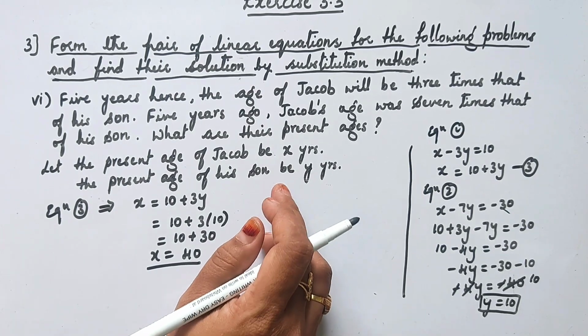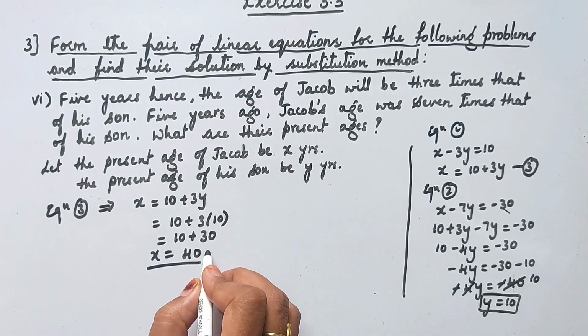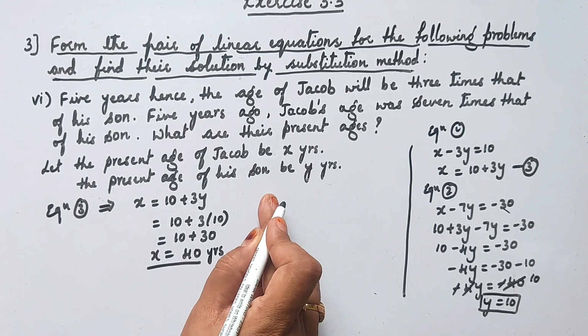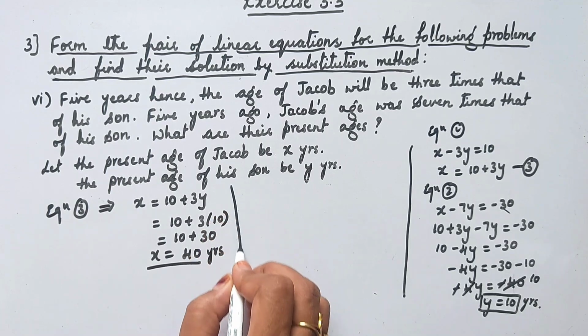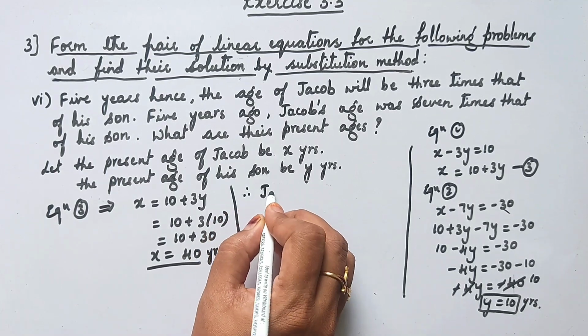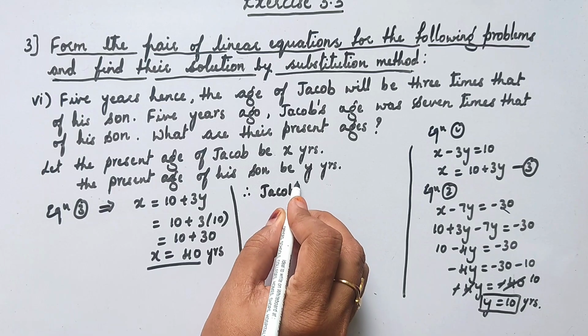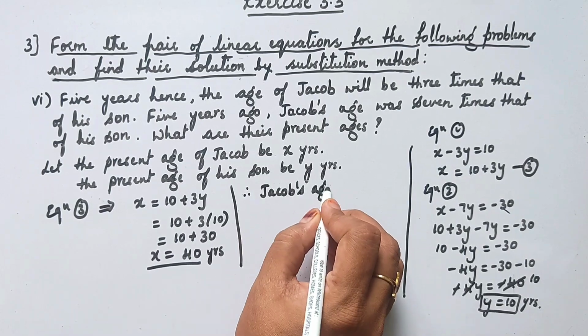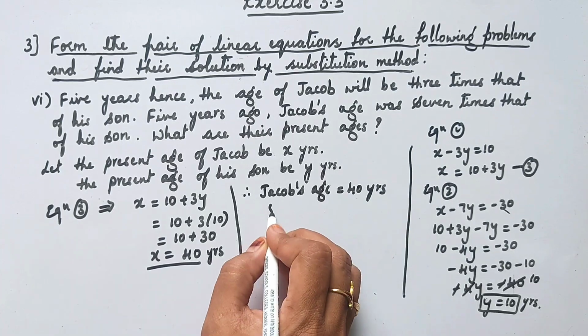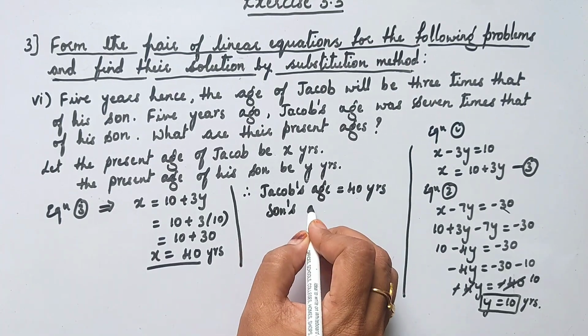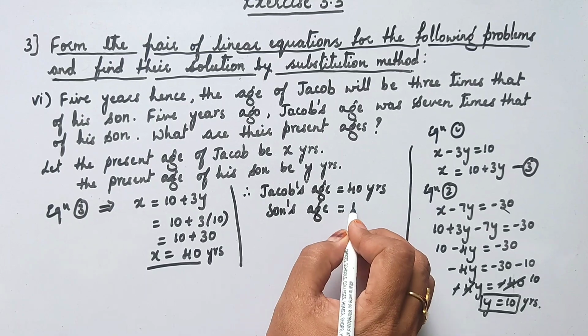Now Jacob's age is 40 years and the son's age is 10 years, students. Therefore Jacob's present age is 40 years and the son's age is 10 years.